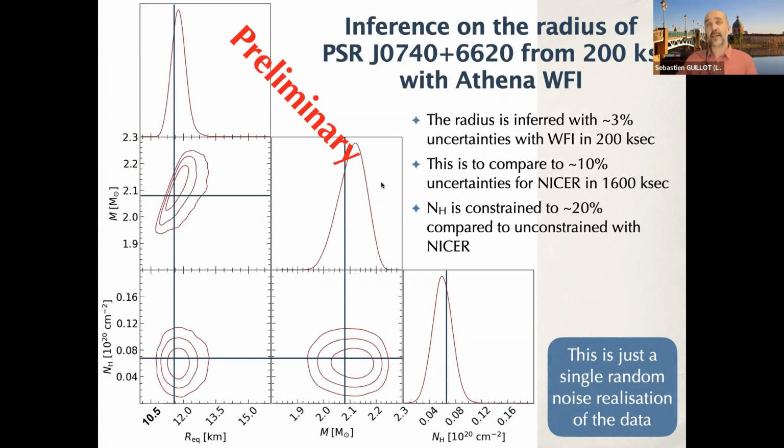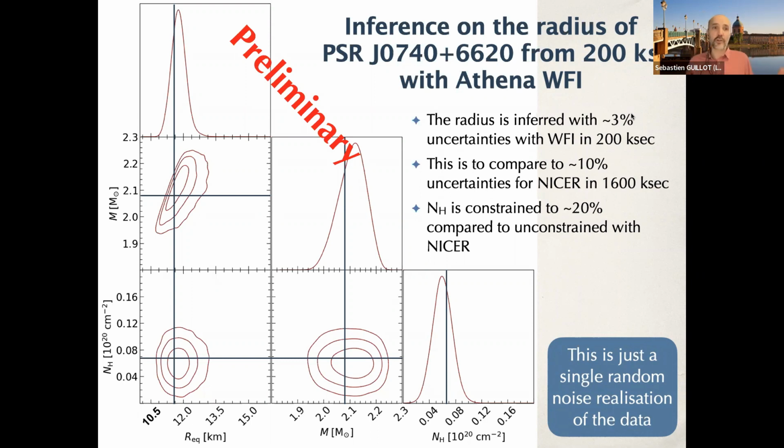But we find that WFI in 200 kiloseconds could measure the radius with about 3% uncertainties. This is to compare with the 10% uncertainty of NICER in about eight times the exposure. So with NICER in 1.6 megaseconds and WFI with 200 kiloseconds, we have essentially roughly the same number of counts from the pulsar.